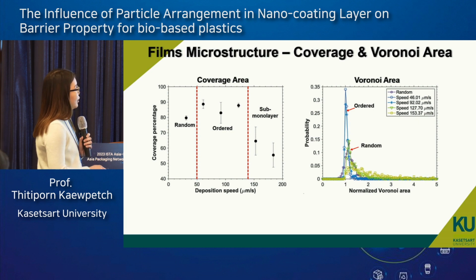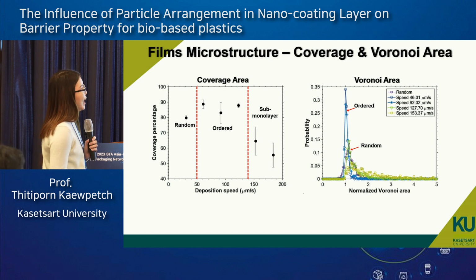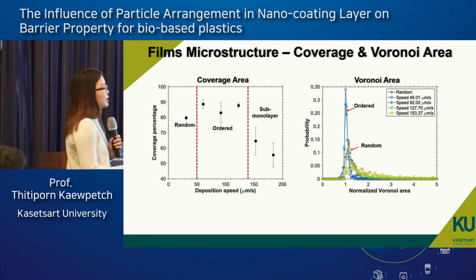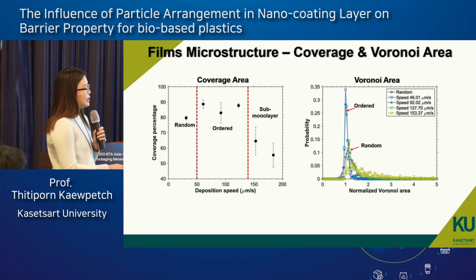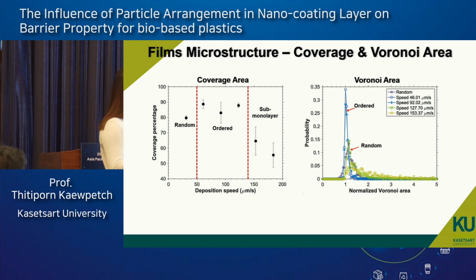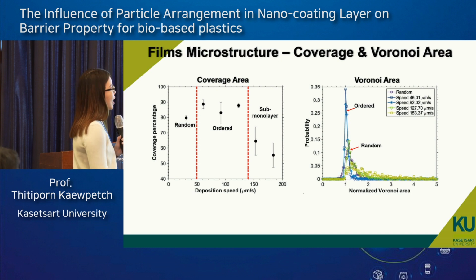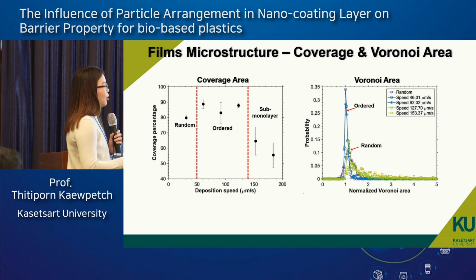But for the submonolayer, the coverage area decreases to lower than 60%. The Voronoi area shows the density of the structure, how close the structure is. The ordered structure has a very sharp peak at the normalized Voronoi area equal to 1, which shows that this order is very close and very similar to the structure of the HCP.